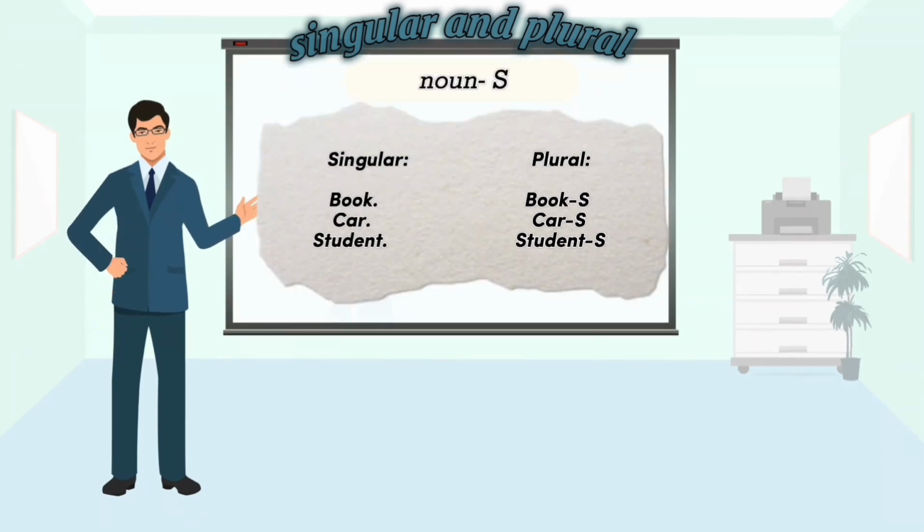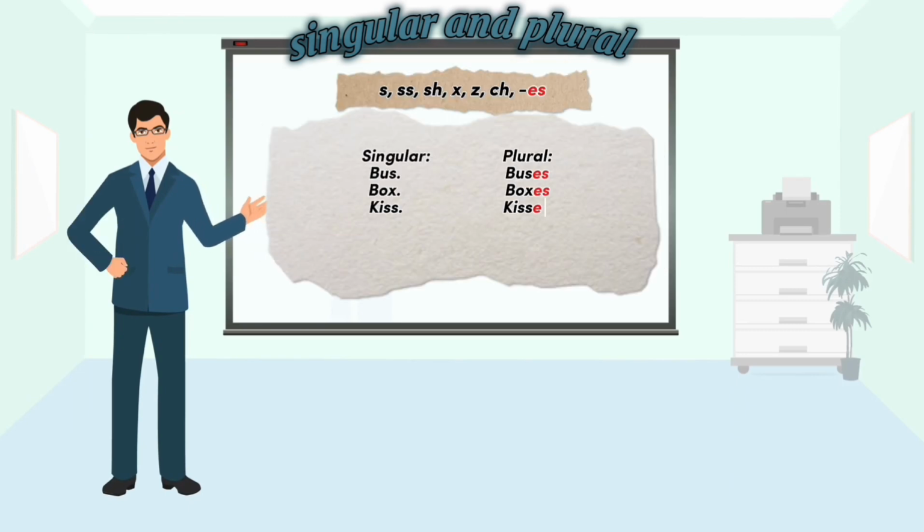Next, the general rule in plural is to add S after the noun. For example, book, books, car, cars, student, students. The second rule is that nouns ending with s, ss, ch, sh, x, and z are added with the letters es.